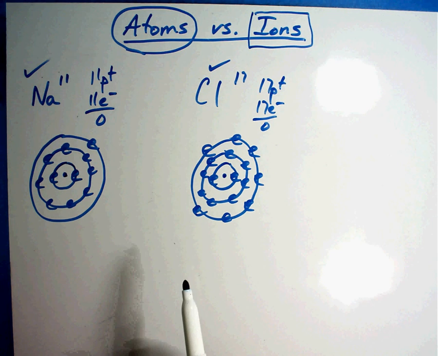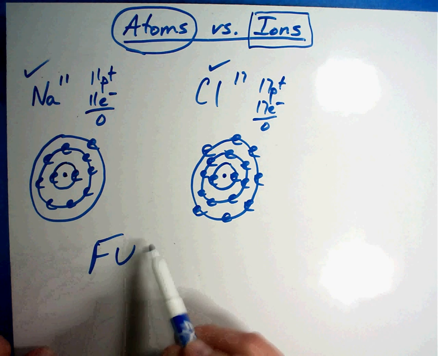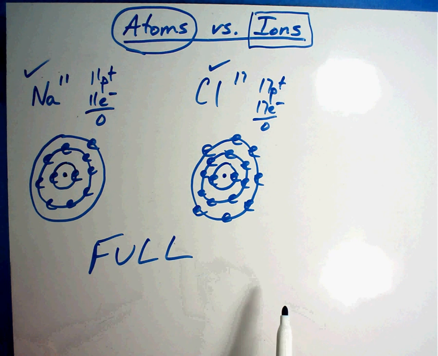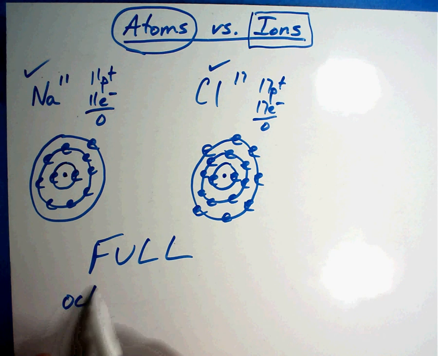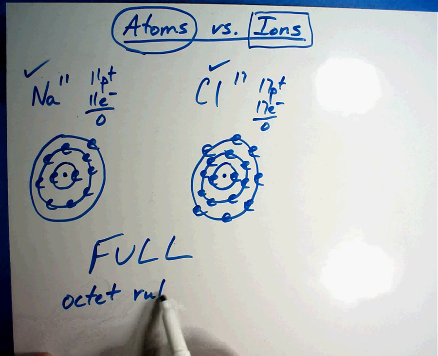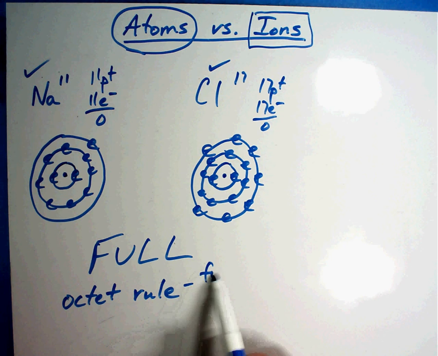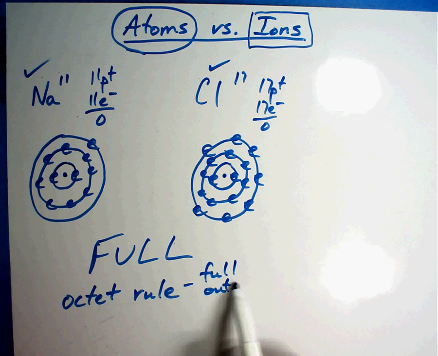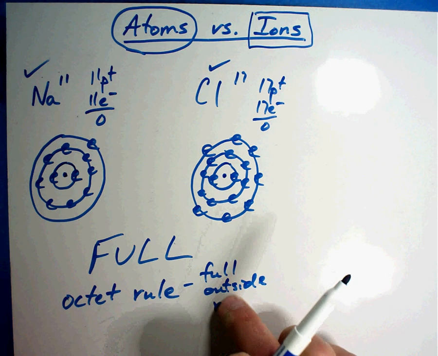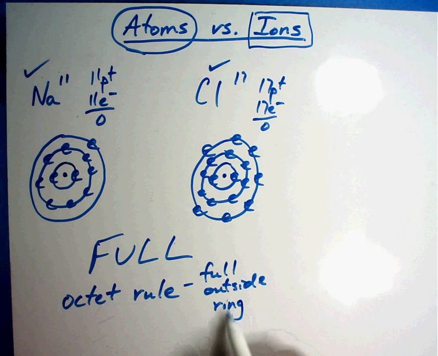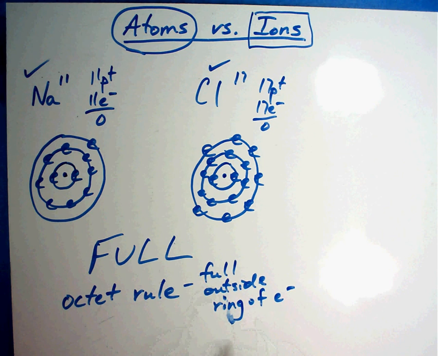We are completely full. We want to be full of electrons. It's actually what is called the Octet Rule in chemistry. It's having a full outside ring of electrons. They want to be full.